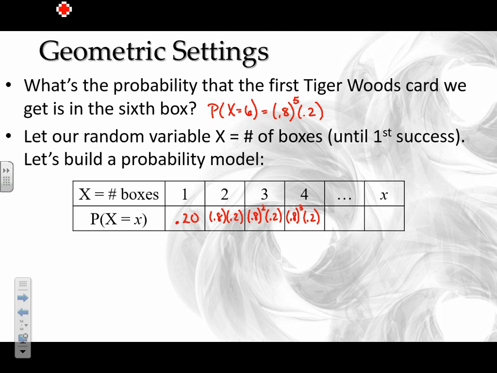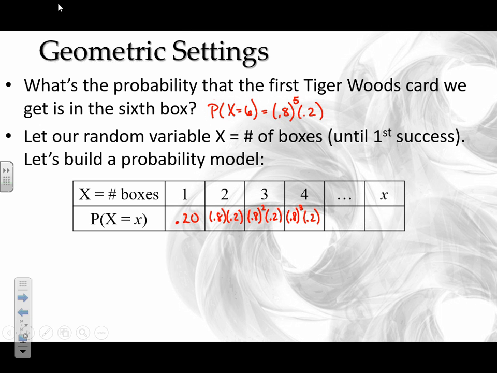What's happening with our pattern here? What are we doing here? So when I said the probability that the 6th box was my first success, I took the probability of failing raised to the n minus 1. I had 6 trials I was looking at, so 6 minus 1 gives me the 5 fails, which means my 6th try is the possibility.